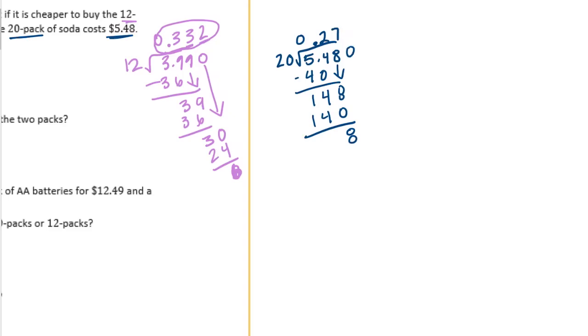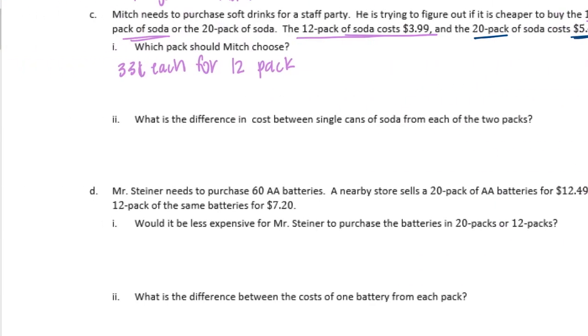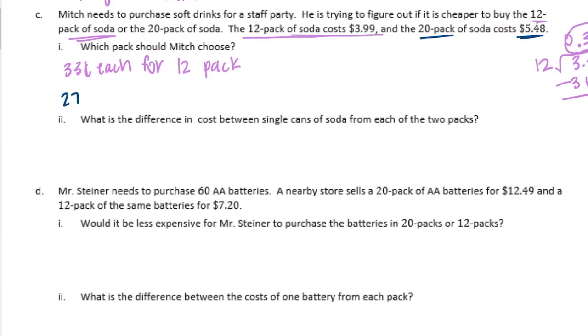Now I'm going to make sure I don't need to round up. I'm going to bring down the 0. 20 goes into 80 4 times. So it is exactly 274 thousandths, but if I round that, I'll end up with 27 hundredths, or 27 cents. So it is 27 cents each for the 20-pack.